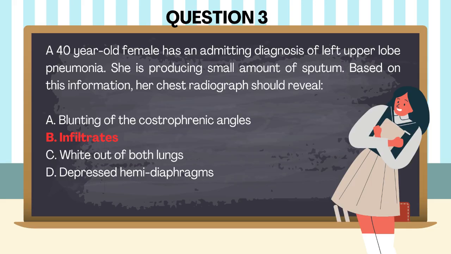Blunting of costophrenic angles can only be seen if there is fluid in the pleural cavity, while whiteout of both lungs is a common finding in respiratory distress syndrome, while letter D, depressed hemidiaphragms, is a finding in conditions with overdistension of the lungs.